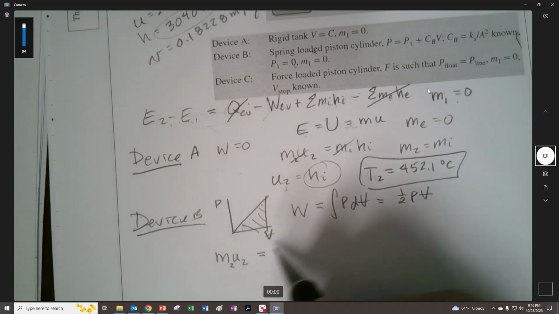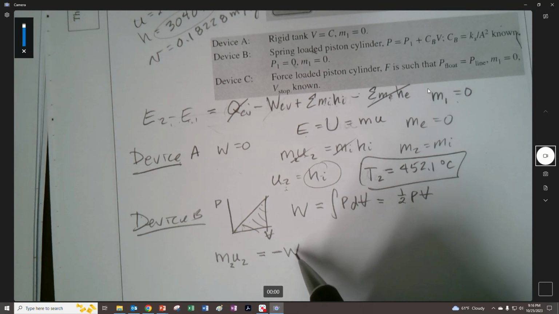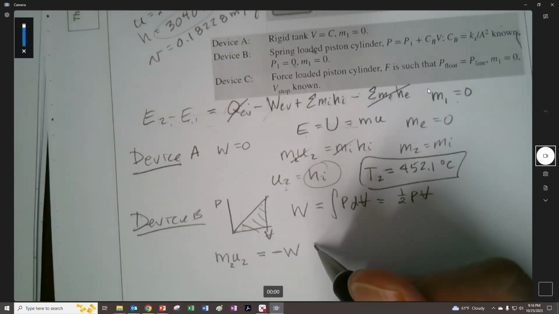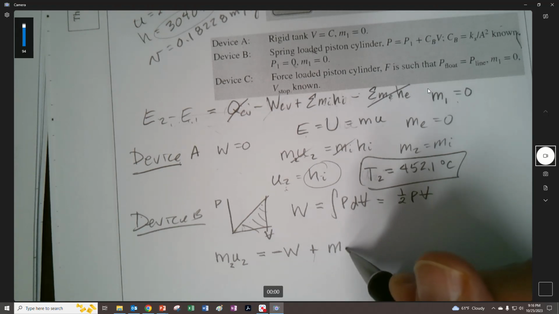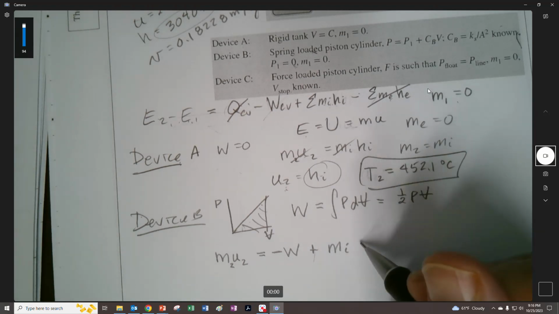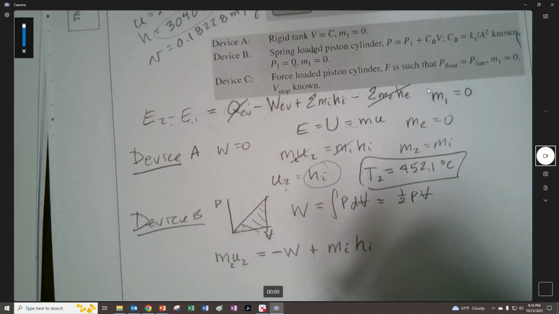It's going to be equal to negative W. That's the work because of the spring. And then it's going to be plus M coming in, times H coming in.